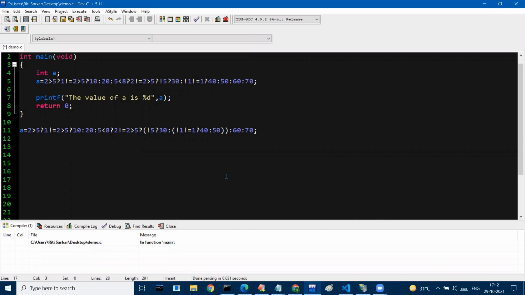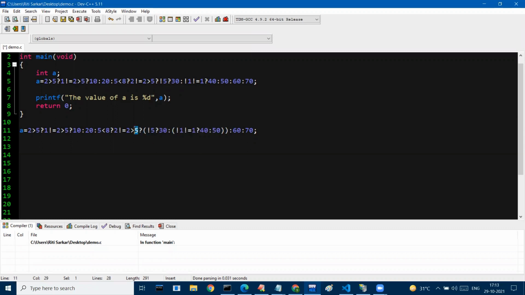Next, another question mark is there. For this question mark, who is expression 1, who is expression 2 and who is expression 3? This is definitely expression 2, and this is expression 3. Then what about expression 1?